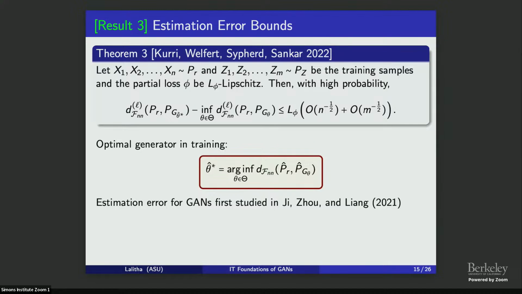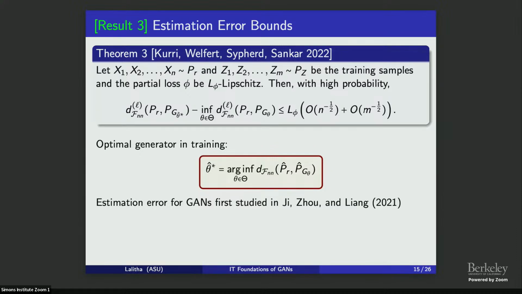If I take this generator model and plug it into the neural network distance we have defined, and compare that to what you can do if you allow all possible generators over the true distributions, then this distance is what's called the estimation error.